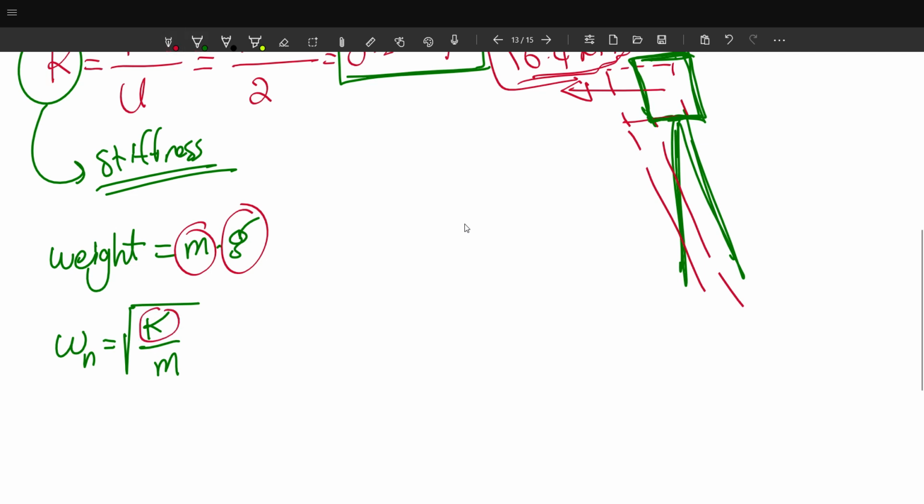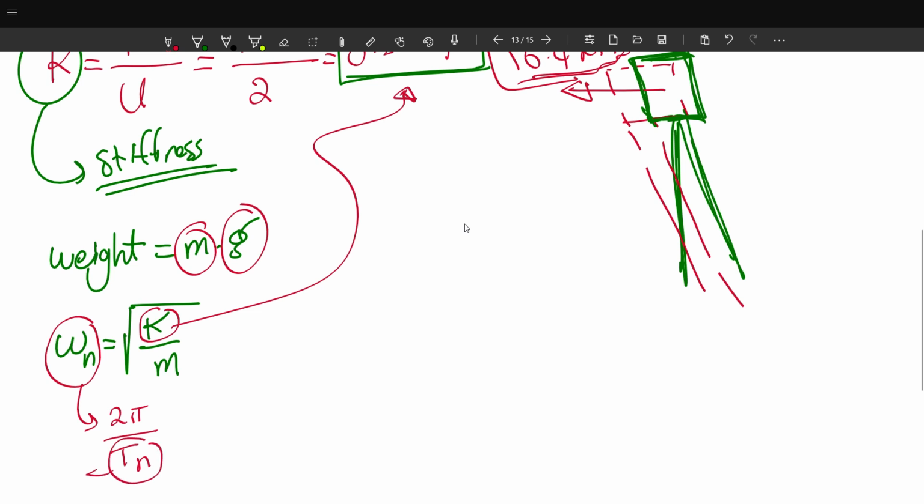Already we have obtained k in the previous step. And omega n, we can obtain easily. Omega n equals 2 pi over Tn. Tn we have already obtained, which is 0.5, right?